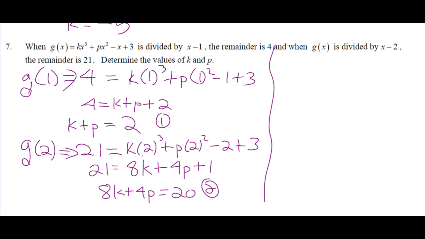You can multiply this by 8, write it underneath, do subtraction. Actually, I would write that underneath and end up with a positive thing. So solve the system. There you go. Pick a method. Doesn't matter, right? Substitution, elimination, whatever you like. Just solve the system. Get the values of k and p.